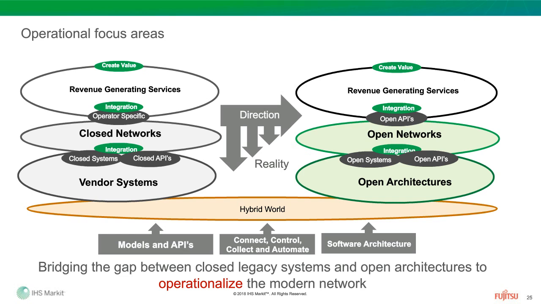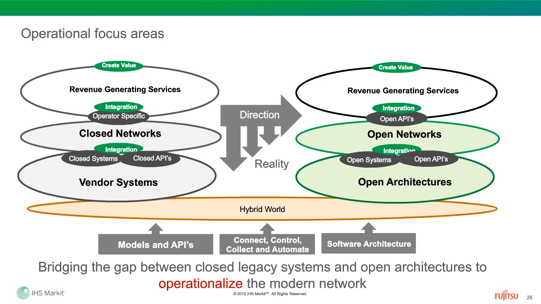So we've got models and APIs to consider, connecting and controlling, managing and automating that world, and then how do we deliver the software components from our controller and orchestration perspective to manage that hybrid world.